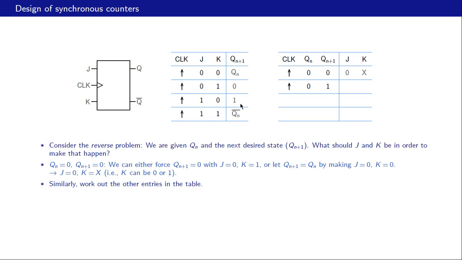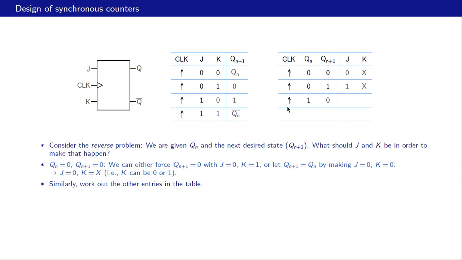The second option is we see that this Qn is toggling here, and therefore we can have this last J and K values. That means J equal to 1 and K equal to 1. So these are the two options we have. That means J must be equal to 1 and K is a don't care condition, like that.